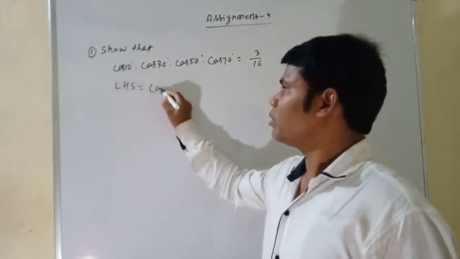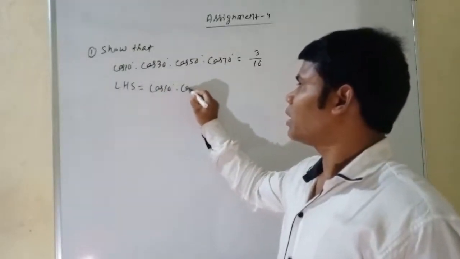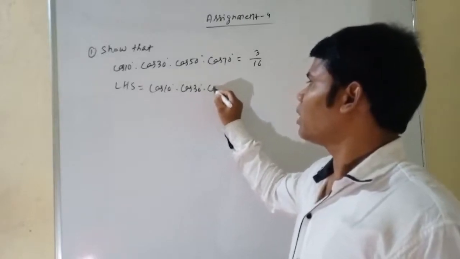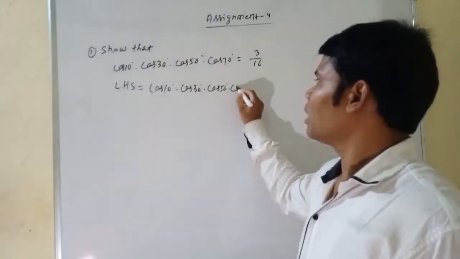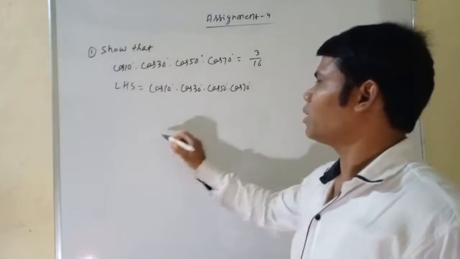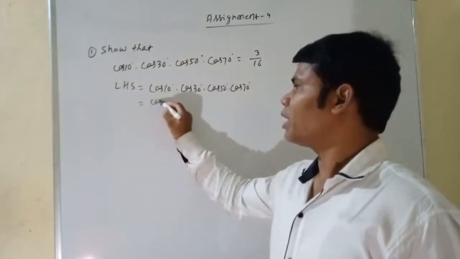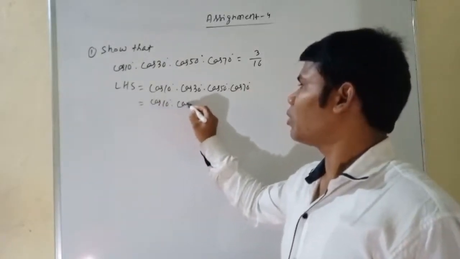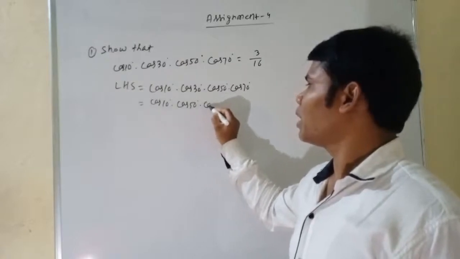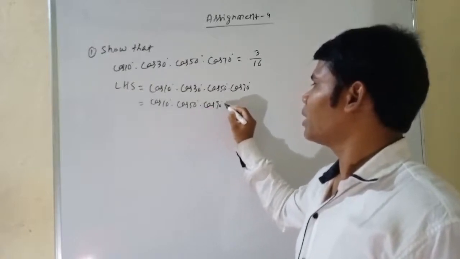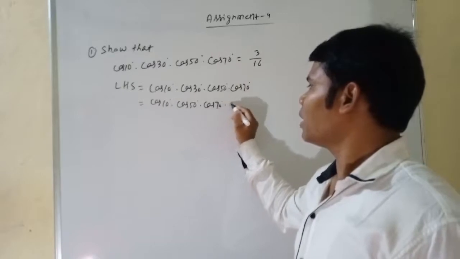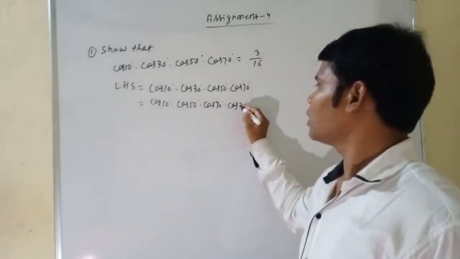LHS is equal to cos 10 degree, cos 30 degree, cos 50 degree, cos 70 degree. Now you can write cos 10 degree, cos 50 degree, cos 70 degree into cos 30 degree.